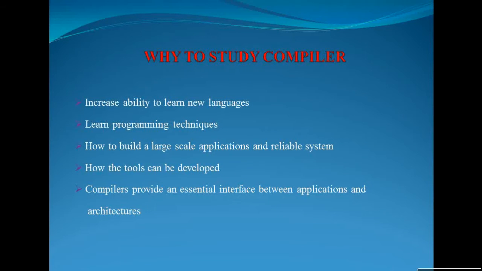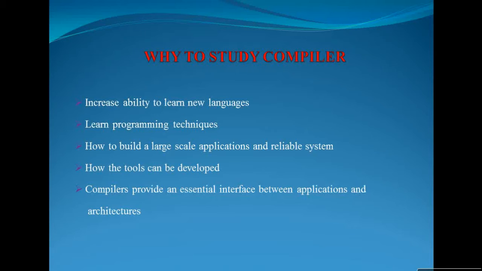So all these five core areas of knowledge are used for building a good compiler design. We have learned the qualities of a good compiler and the knowledge needed to build one. So what is the purpose of learning compilers? The purpose is to increase our ability to learn a new language, and to learn programming techniques.